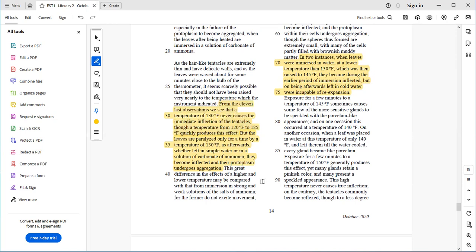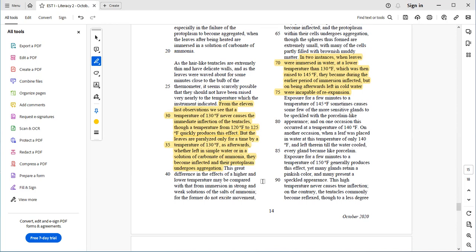Okay, let's read this to find out. He said, from the last 11 observations, we see that a temperature of 130 Fahrenheit never causes the immediate inflection of the tentacles, though a temperature from 120 degrees Fahrenheit to 125 degrees Fahrenheit quickly produces this effect.